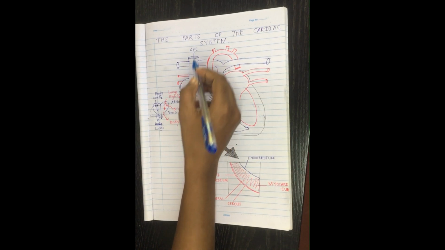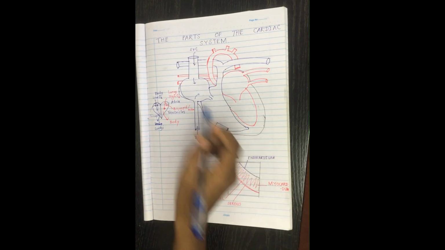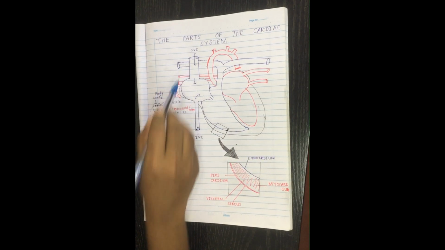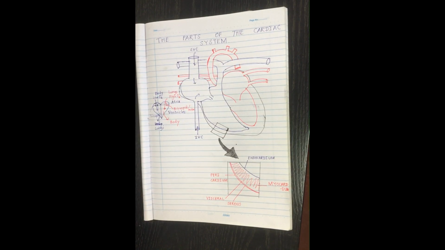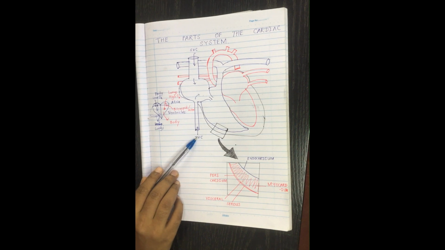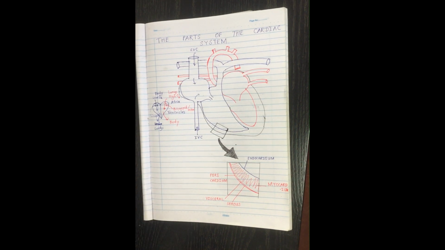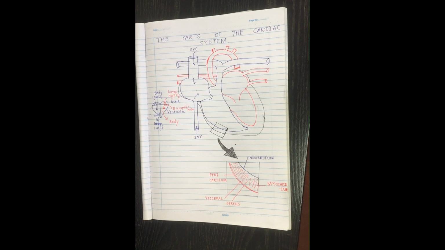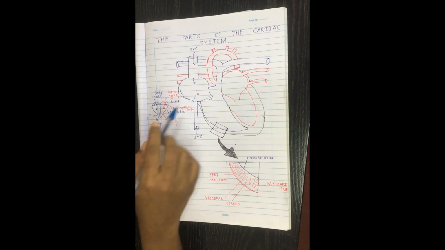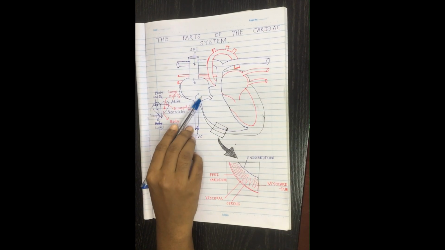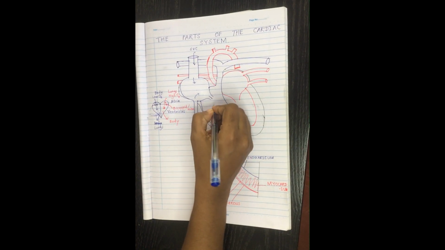This comes from the head and neck and upper limbs, in the sense your hands and all. This is from the lower limb, from your leg. So inferior means the down part of the body and superior means the upper part of your body. All the low oxygen blood comes to this part and it enters this part.